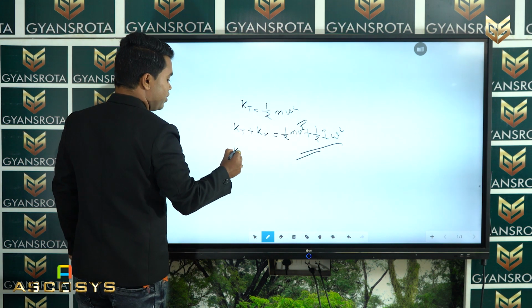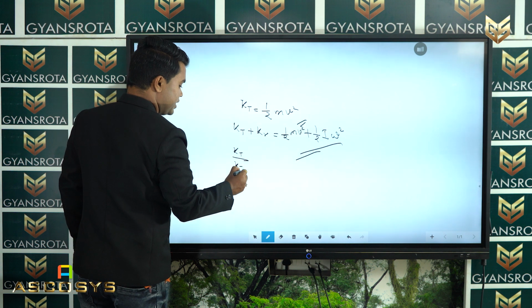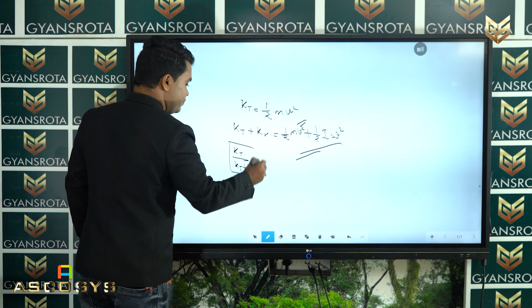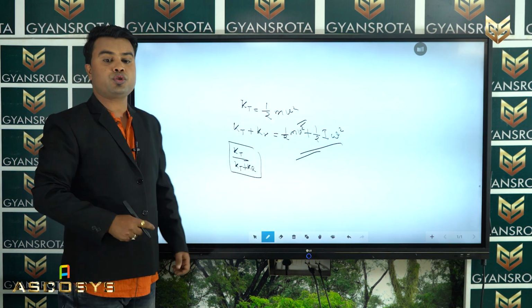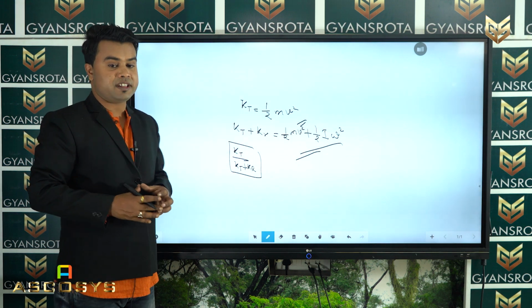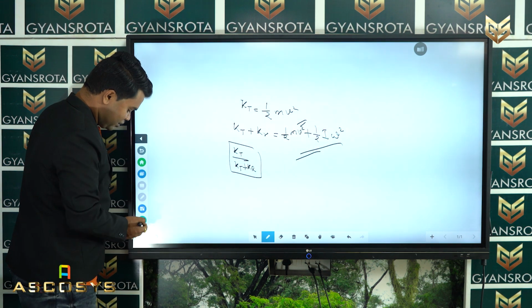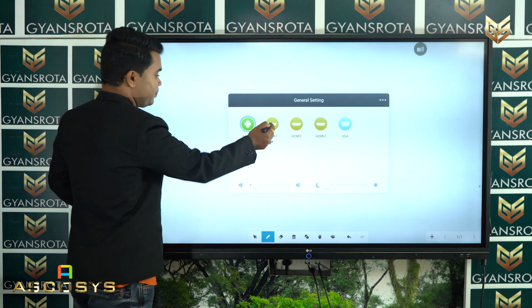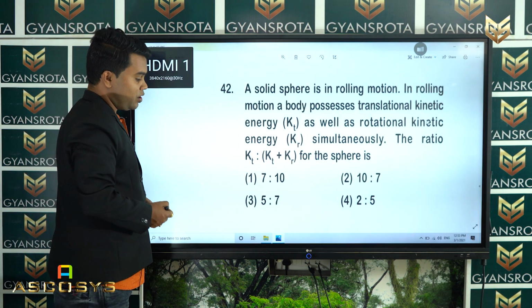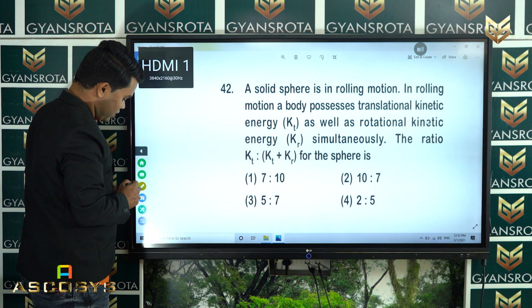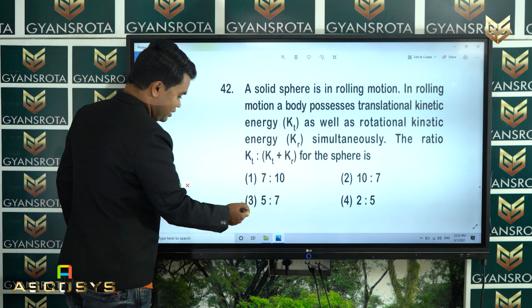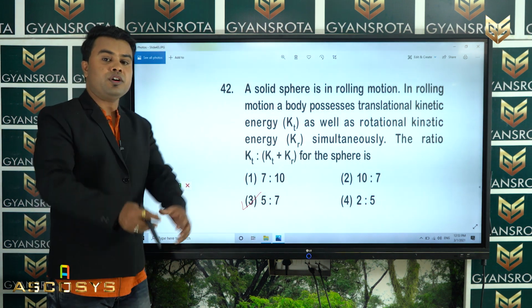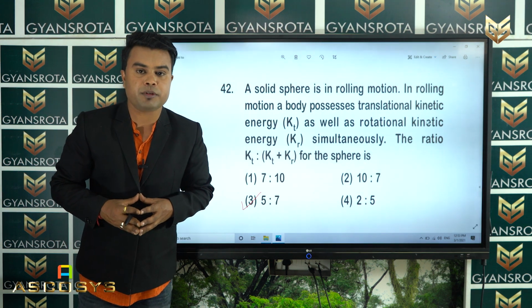Just take the ratio of KT and KT plus KR. You'll see that the right option is coming out to be 5:7, that is option number 3. If I go back to the question, option 3 will be my correct answer, so I can click on option number 3. Now let us move to the next question, that is question number 43.